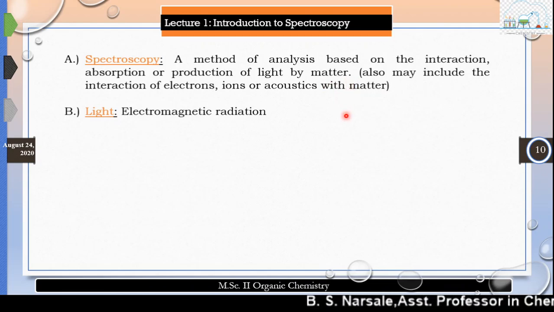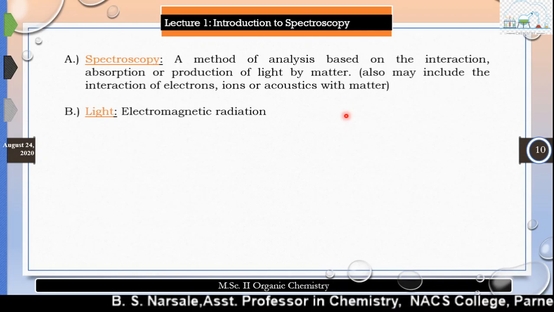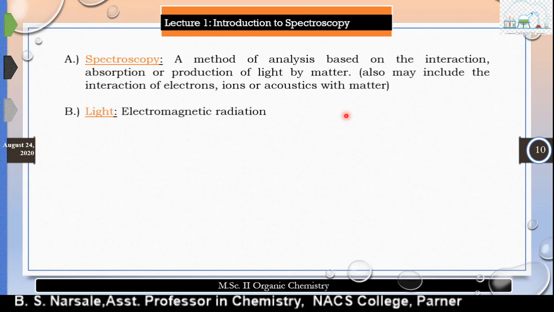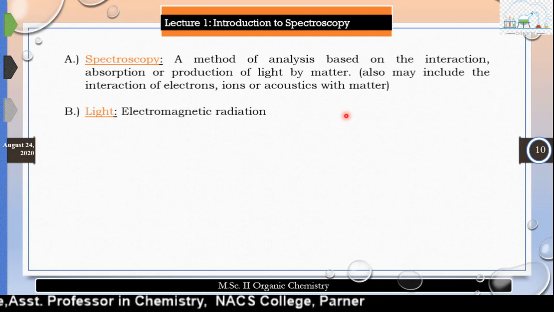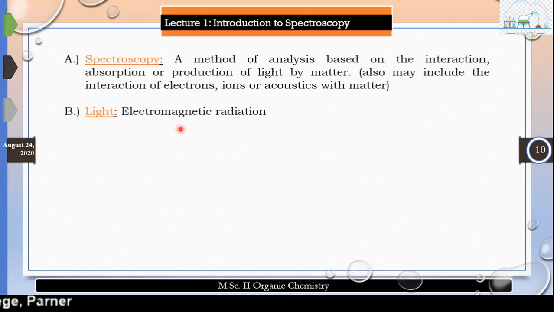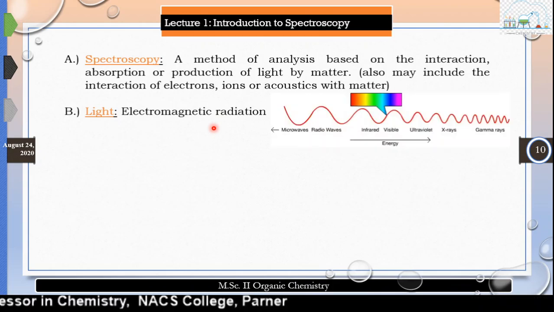Now in this we can say that interactions of electrons, ions, and acoustics with matter are included. And we say that we require light. Which light? Light is electromagnetic radiation. This is the electromagnetic radiation spectrum.